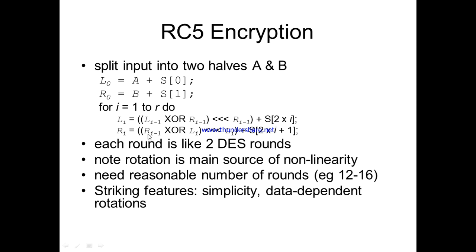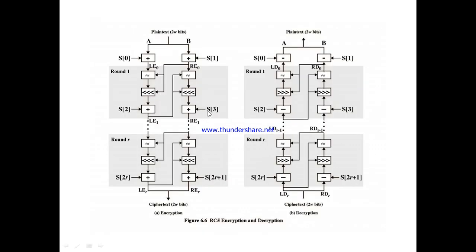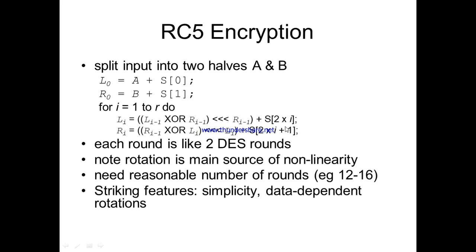And coming to the right half, Ri minus 1 is XORed with Li, that is left shifted by Li, plus S of 2i plus 1. So here S3: the current round is 1, so 2i is 2, plus 1 is 3. So that we are going to perform. This is the operation in each round.